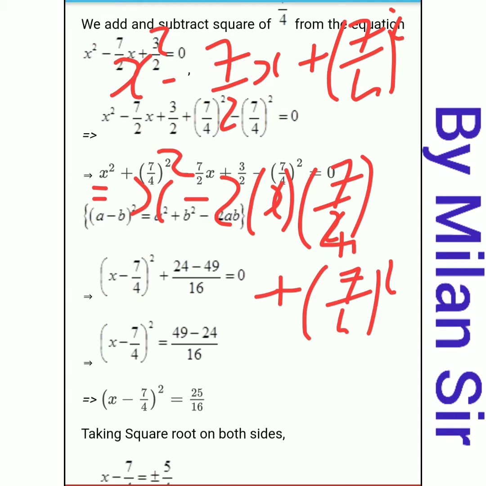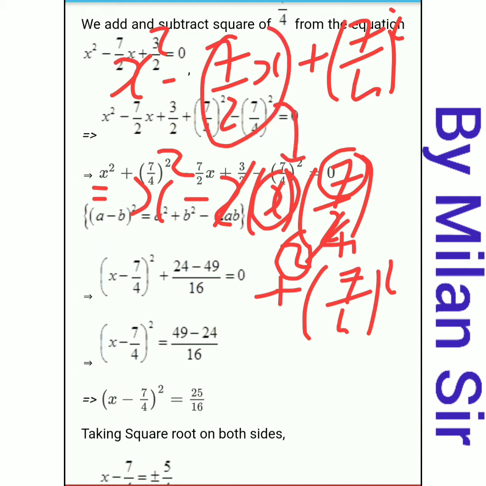Now you can check this, 2 into 4, so alternately it is 7 by 2x. So this 7 by 2x we can write like this. Here we write first bracket square, negative sign, 2 multiply first bracket multiply second bracket plus second bracket square. That means a square minus 2ab plus b square.